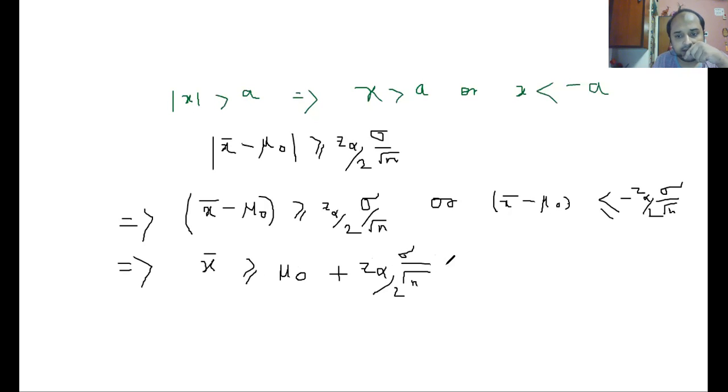This is one thing. Or x bar less than or equal to mu 0 minus z alpha by 2 sigma by root n.